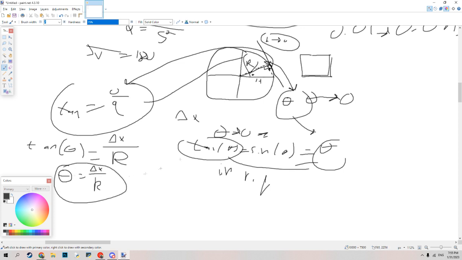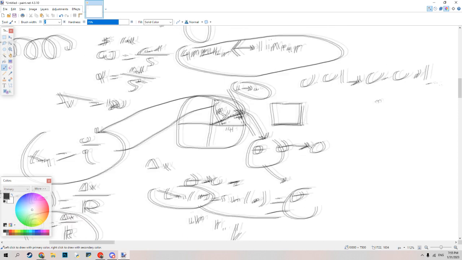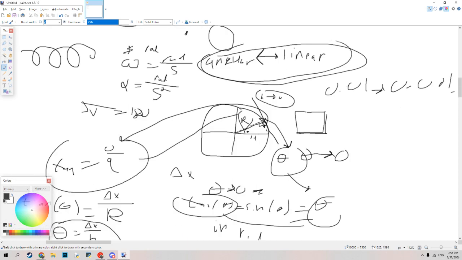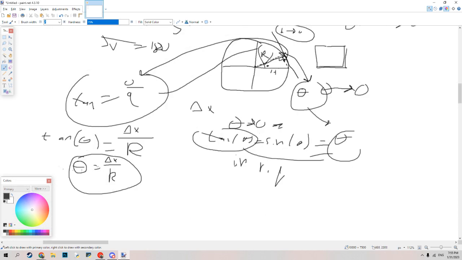And this right here allows us to convert between angular and linear quantities. This is the golden equation, if you will.